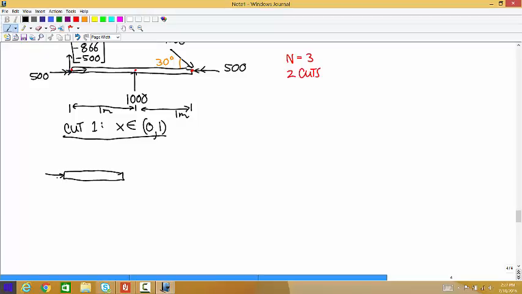So we have the torque on the left of 500, and we have the force vector on the left of negative 866, negative 500. We haven't gotten to the 1,000 yet, so all we have left are the internal loads, T, V, M, and the torque.